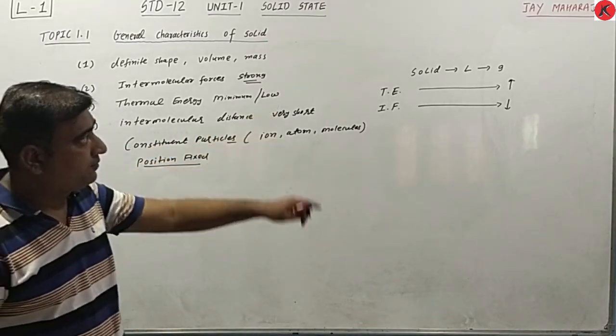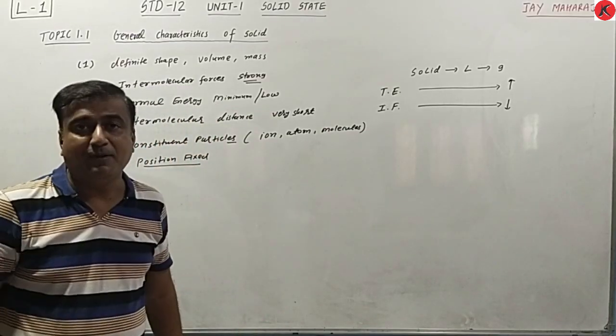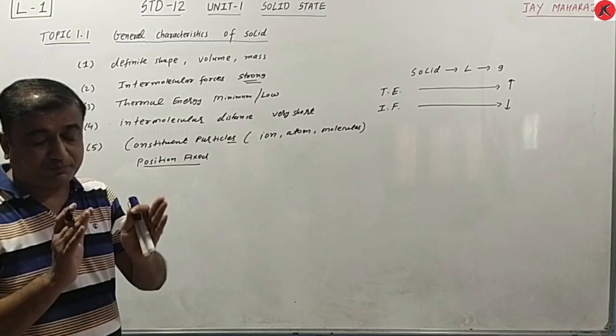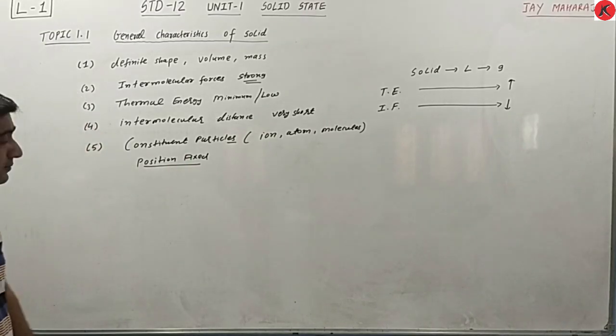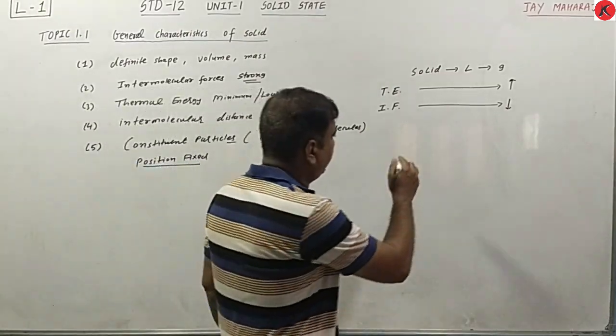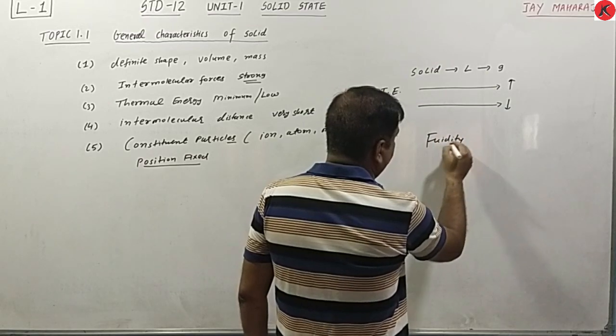In case of gaseous substances, they are randomly moving in each direction. In case of solid, position is fixed. That means we know very well one property, fluidity.